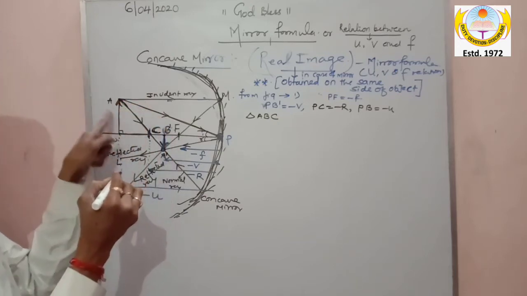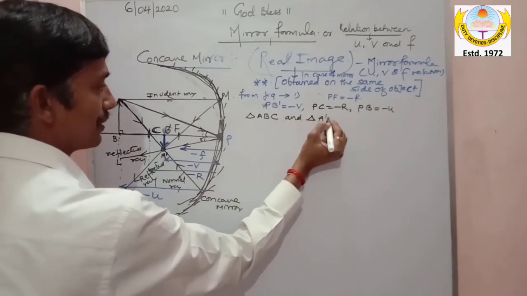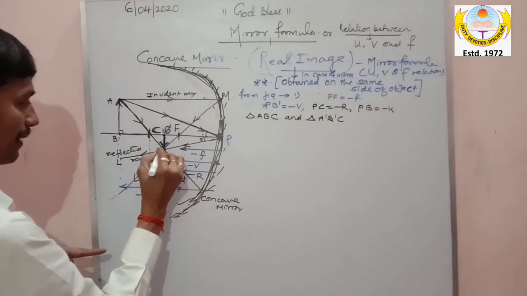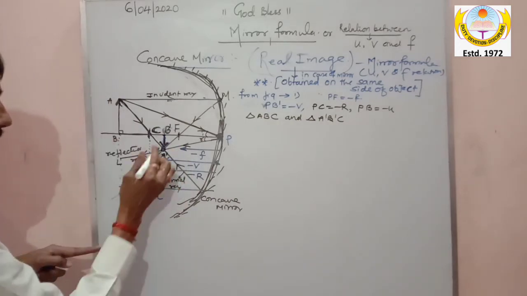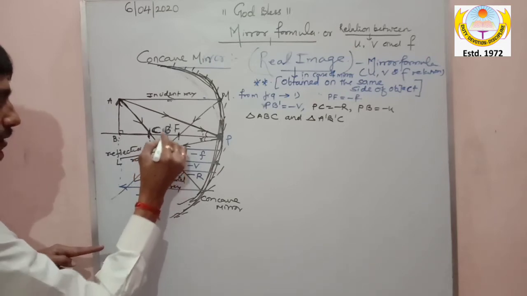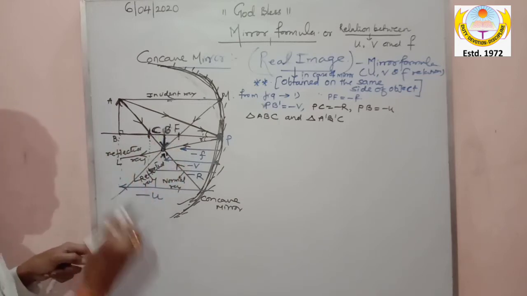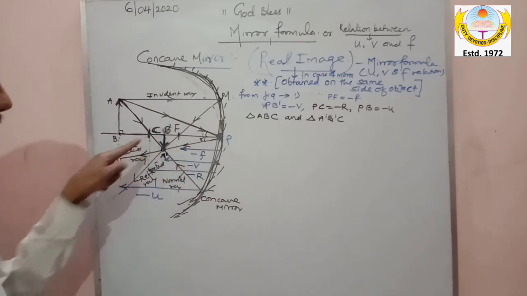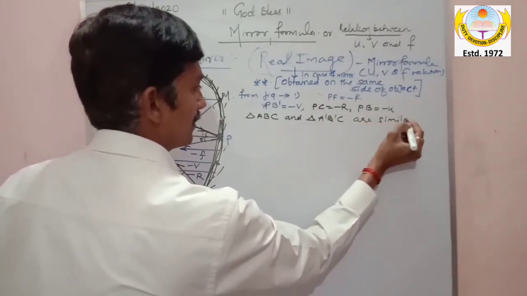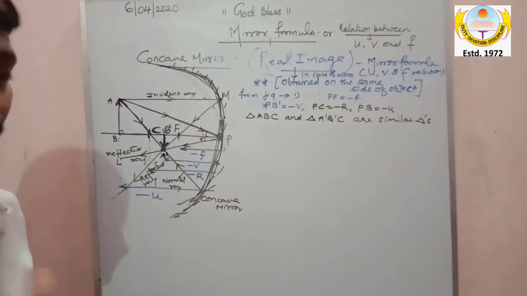This triangle ABC and triangle A dash B dash C: one triangle is the object triangle and one triangle is the image triangle, this small one, you can see. These are similar triangles. We don't need to prove they are similar; you have to state it directly.